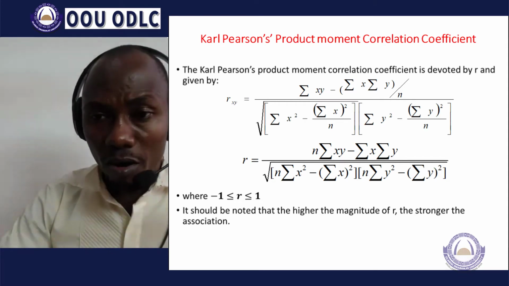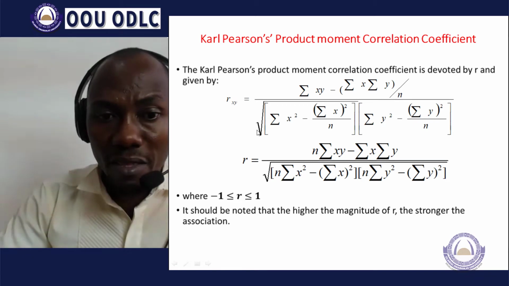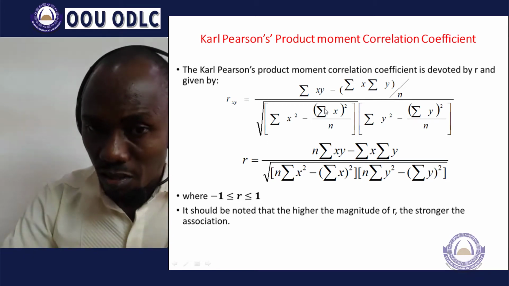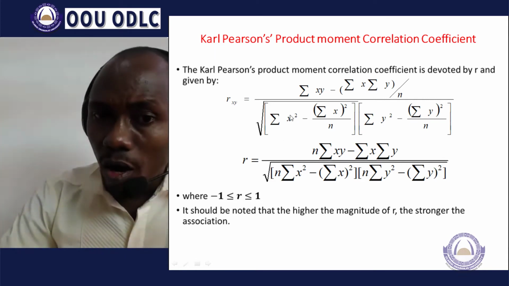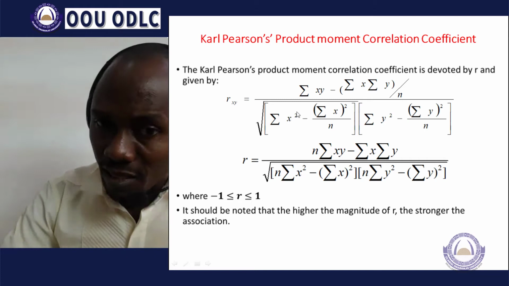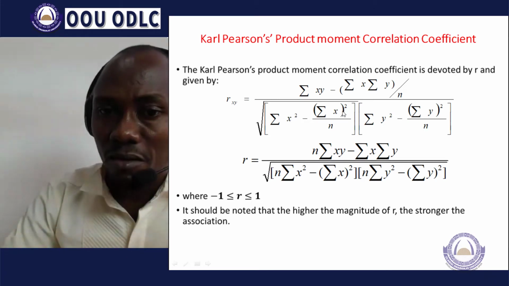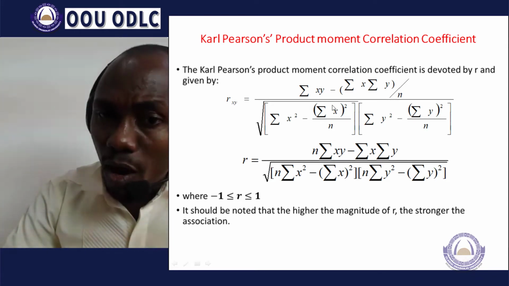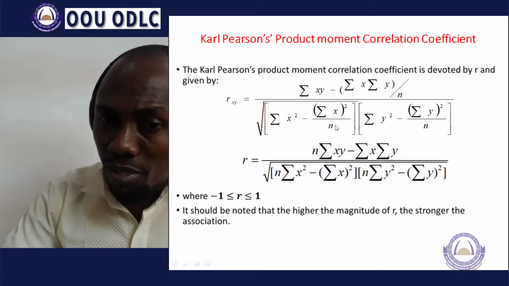The denominator of the right hand side of this equation is the square root of the product of the summation of the square of x minus the square of the sum of x divided by the sample size n.